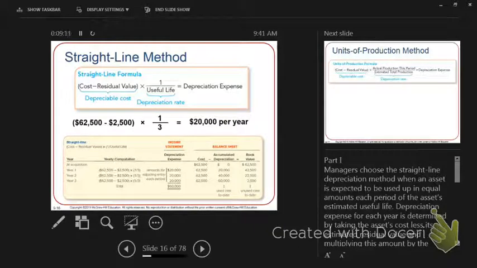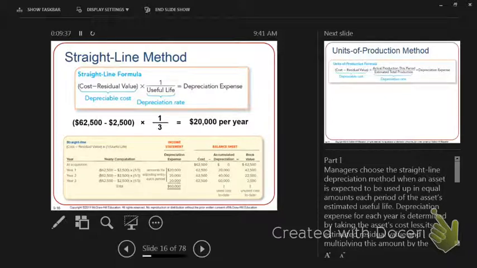Is green better? What number don't you know? Oh, you are working on second year. Yeah. Okay. This is first year in the blue. Second year went to green. And every time over here, I'm taking the cost minus accumulated depreciation to get that number. And then year 3, I'm going to put here.